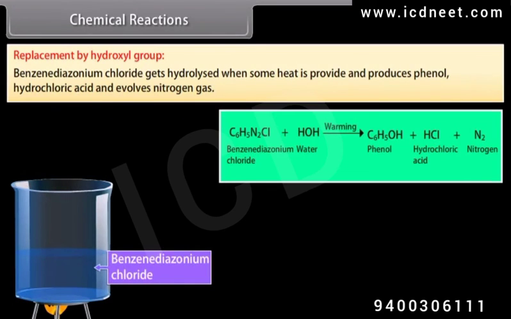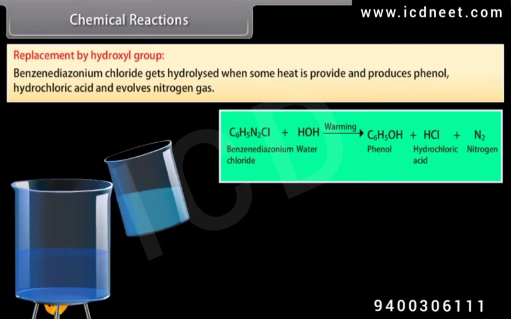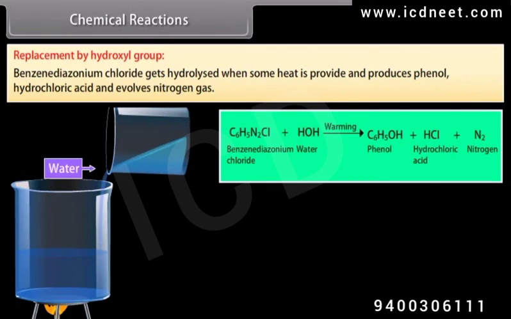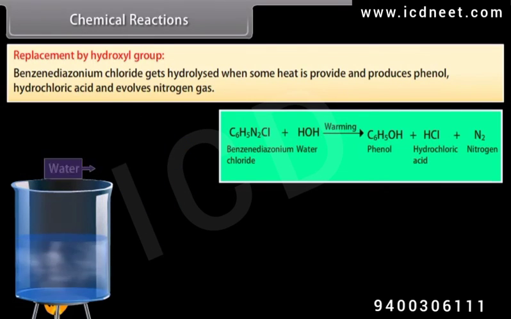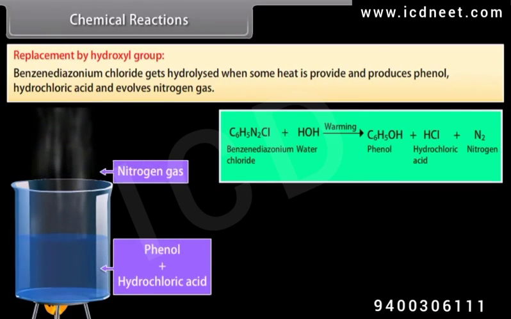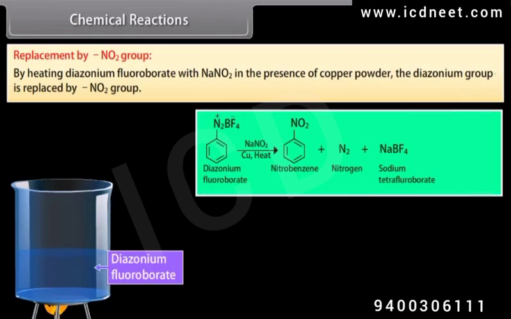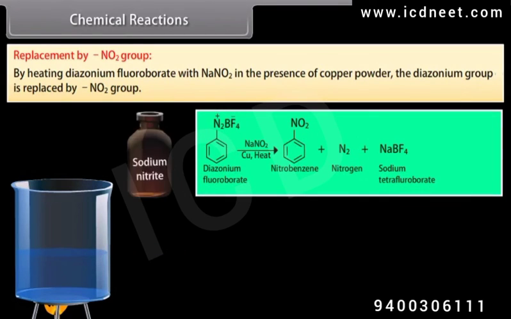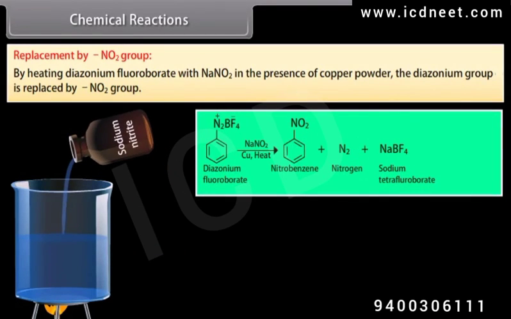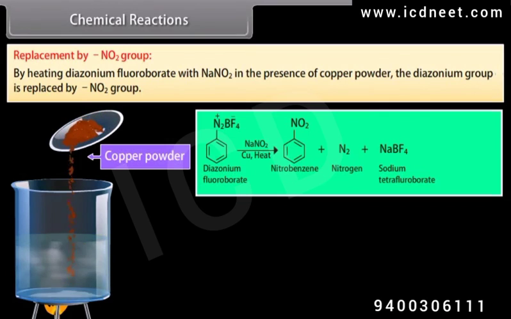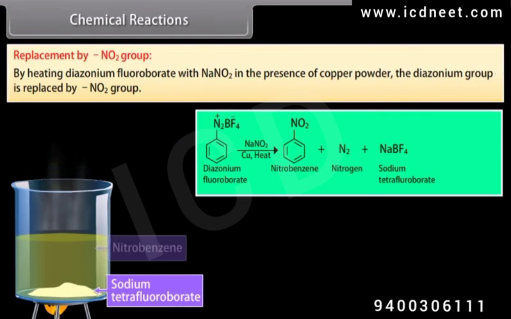Benzene diazonium chloride gets hydrolyzed when some heat is provided and produces phenol, hydrochloric acid, and evolves nitrogen gas. Replacement by nitro group. By heating diazonium fluoroborate with sodium nitrite in the presence of copper powder, the diazonium group is replaced by nitro group.